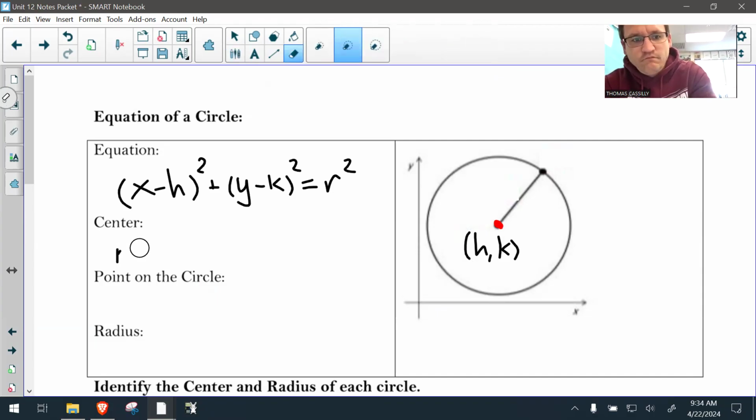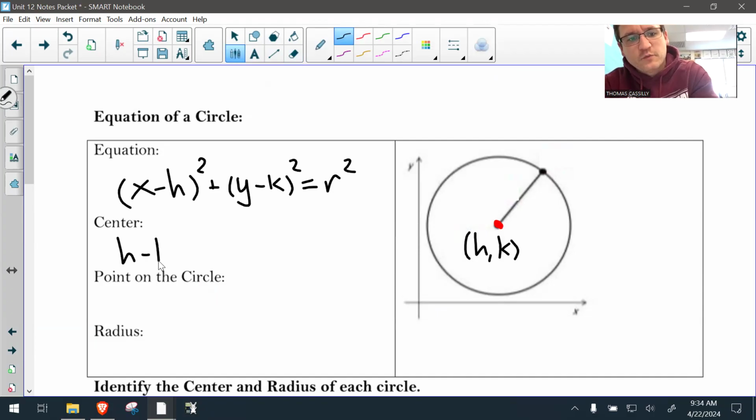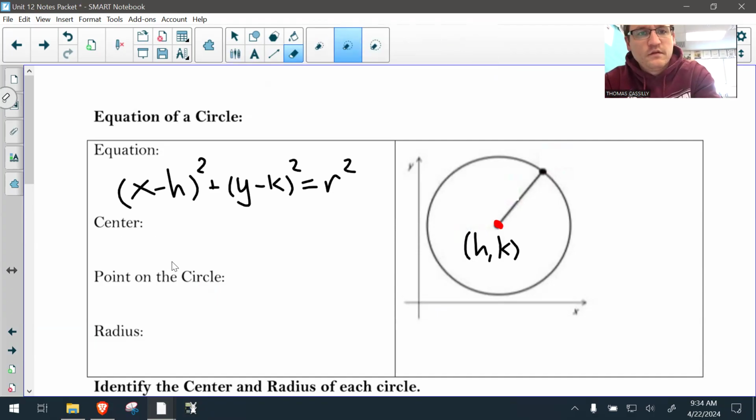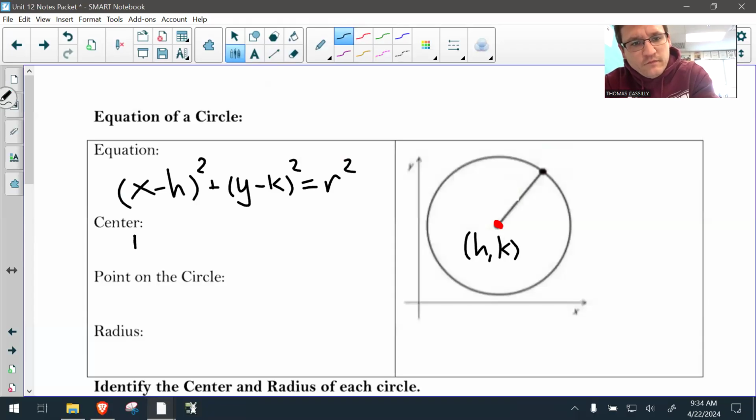Remember, h and k are just numbers. H comma k, there we go. H is some number, k is some number.